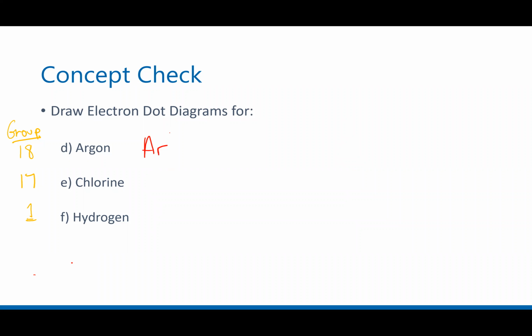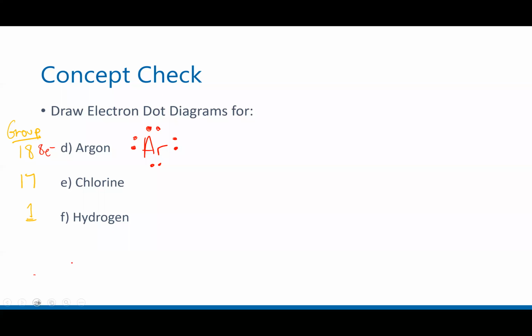Now, honestly, some of you probably knew what you were doing and just decided to fill it in as quick as possible. But the method here is, because argon has 8 electrons, I would go 1, 2, 3, 4, 5, 6, 7, 8.